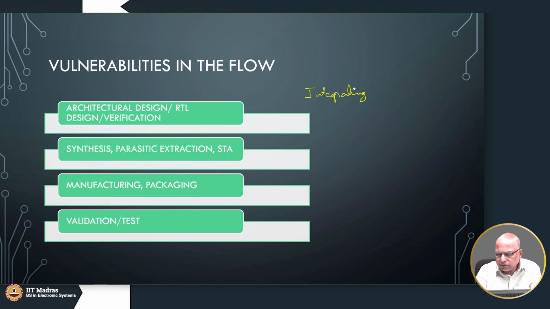I already mentioned that. So in such an IP based design flow, there may be some vulnerabilities in the design and verification stage, in the synthesis, parasitic extraction, STA phase, in the manufacturing and packaging phase, and finally in the validation or test phase.